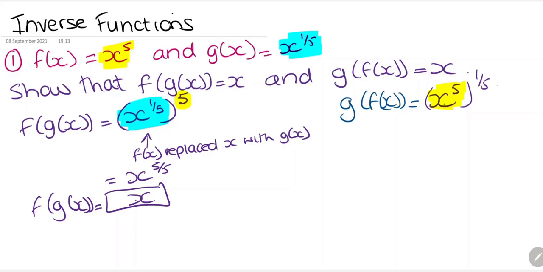Now if we simplify, x to the 5 over 5 is x to the 1, which is x. So g of f of x is also equal to x.